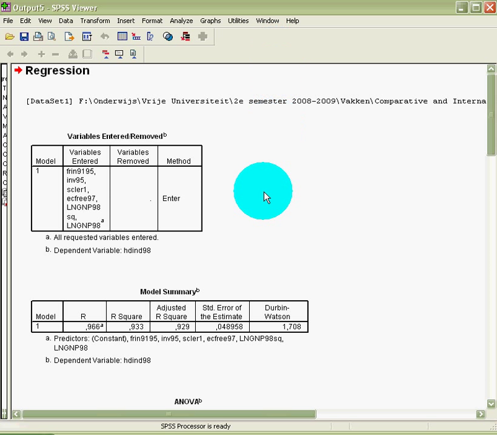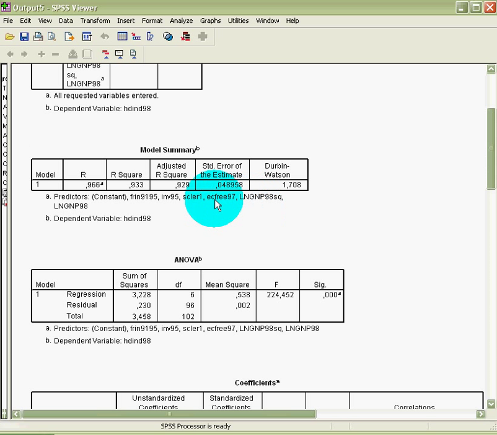and SPSS generates an output. The R square is, let's say, 93%: 93% of all variance can be explained by the model. The difference between R square and adjusted R square is that this one is based on the sample we used, and this one represents the whole population.